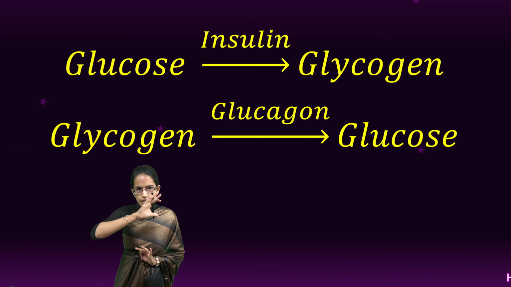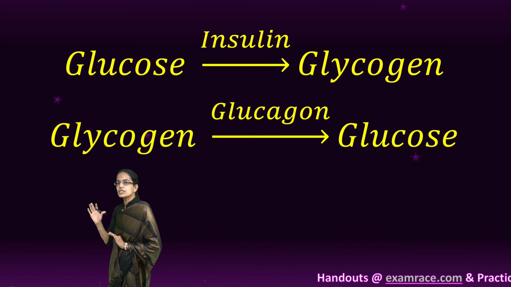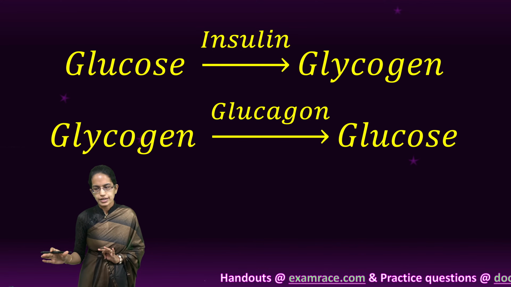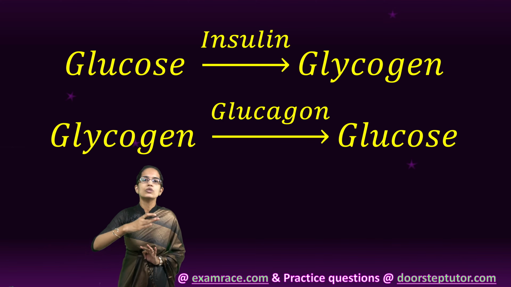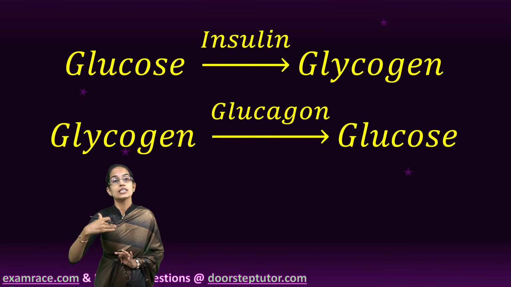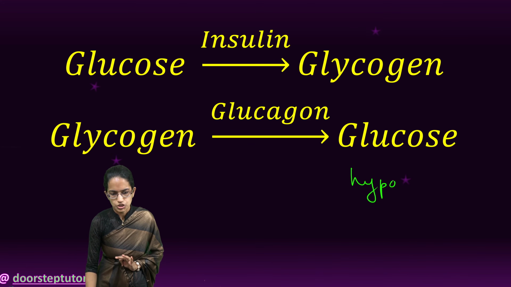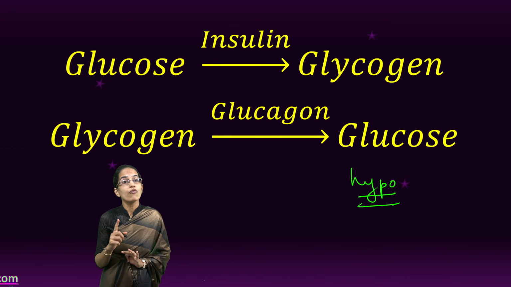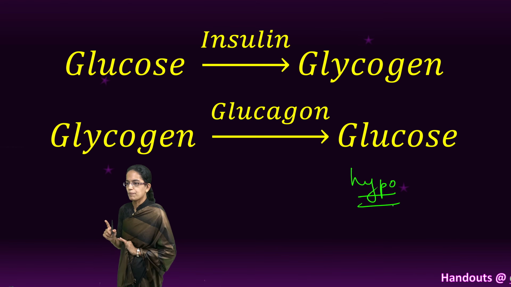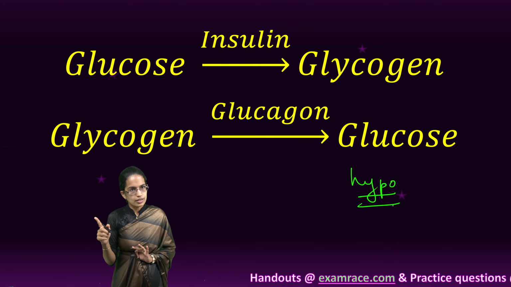Now, insulin is the first thing that we are talking about. As mentioned, insulin controls the carbohydrate metabolism, converts extra glucose into glycogen. Now, what would the hyposecretions and hypersecretions do? So, when there is hyposecretion, less secretion of insulin, what would happen? If insulin is secreted less, there would be more sugar in the blood, correct?